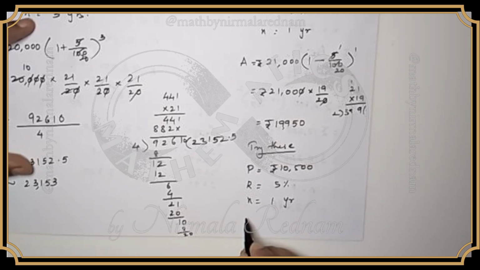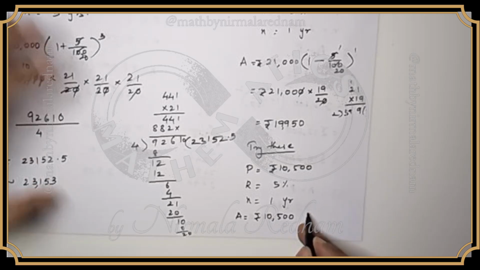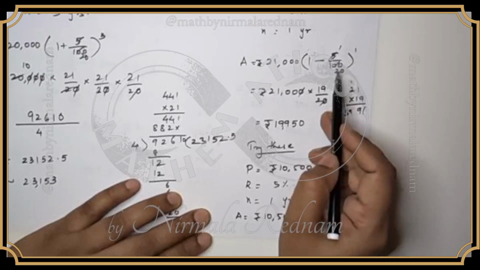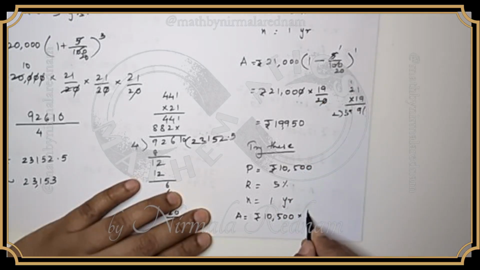So in this case, if I apply the formula, it is going to be 10,500 into 1 minus 5 by 100, okay, which is nothing but 19 by 20. It's a minus again because it is depreciation we are talking about, right?